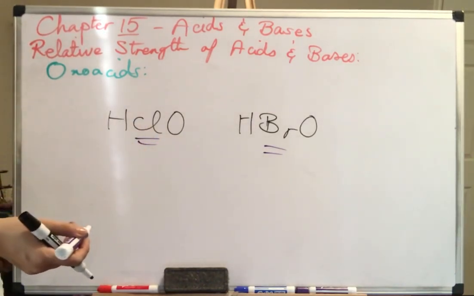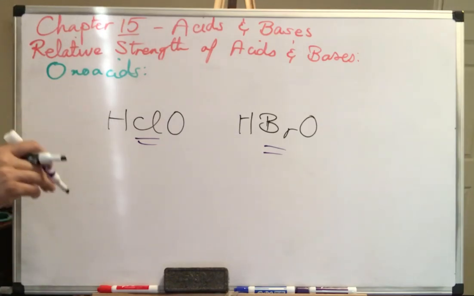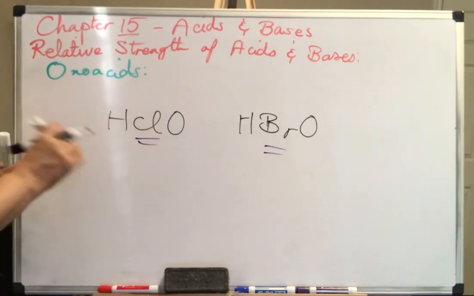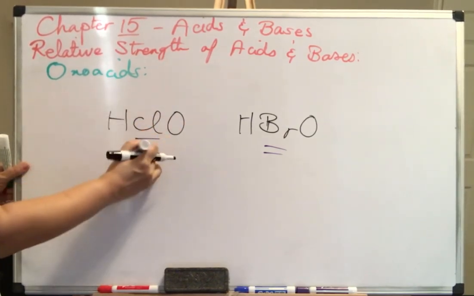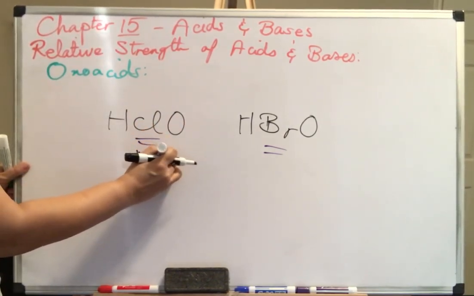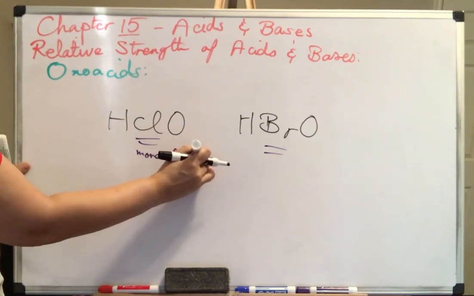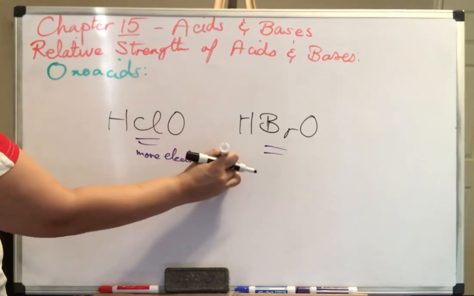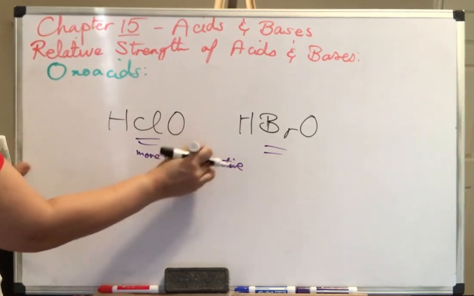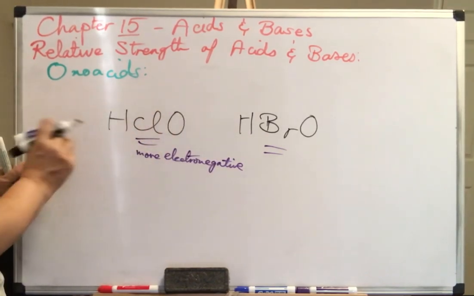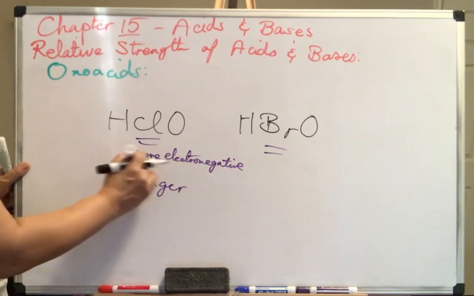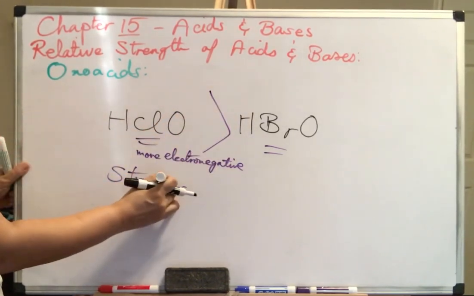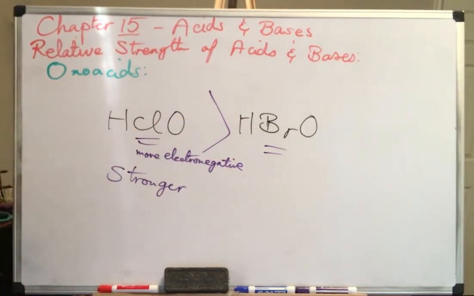Which one is more electronegative? Chlorine, right? Down a group, electronegativity decreases. So because chlorine is more electronegative, it's going to pull the electrons away from hydrogen, so it will be stronger. So for comparison, you need to look for the differences.